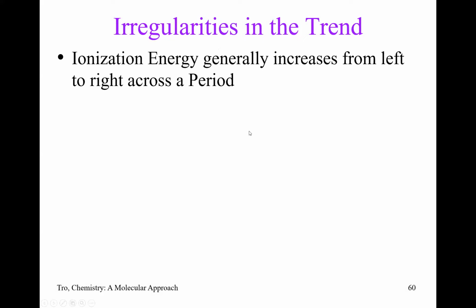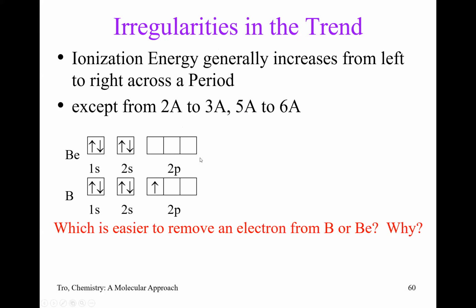There's little irregularities in here, and this has to do with that pairing. So when we covered the electrons, remember that electrons are negatively charged. So, for example, beryllium to boron, these two are paired, and so they repel each other a little bit.